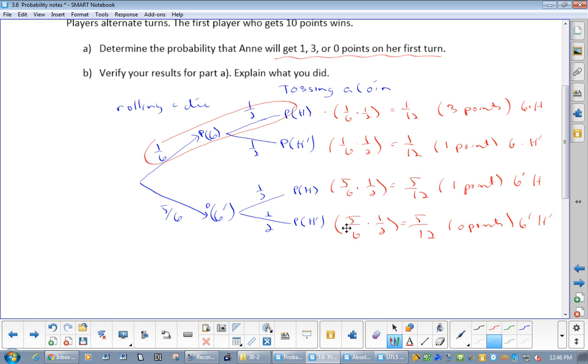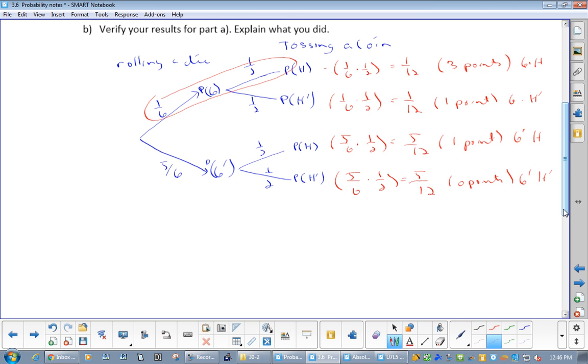So now it says determine the probability that Anne will get 1, 3, or 0 points on the first turn. Okay, what would you expect? Didn't they just name every scenario basically? Yeah, okay.